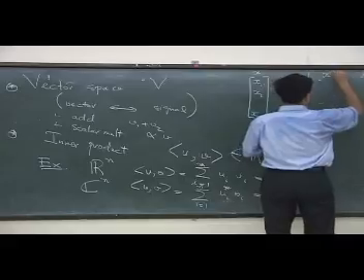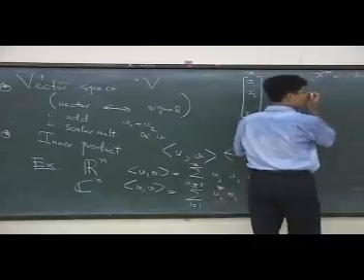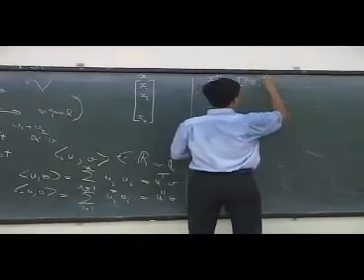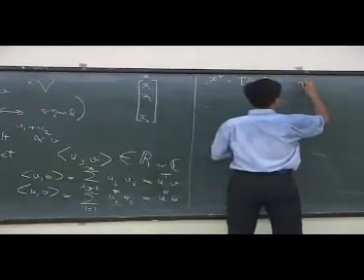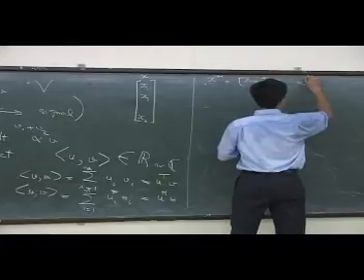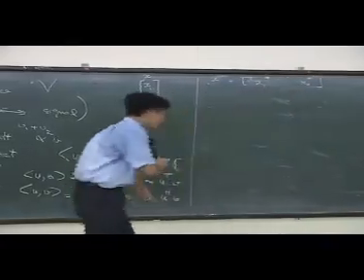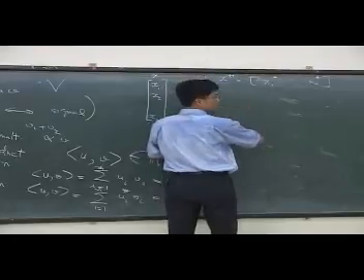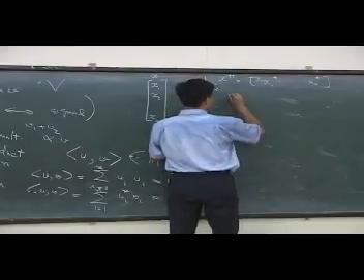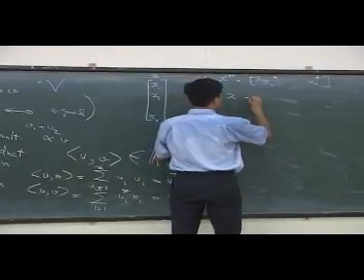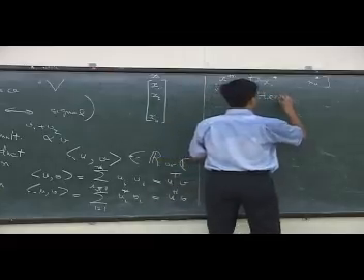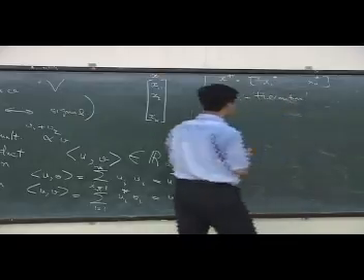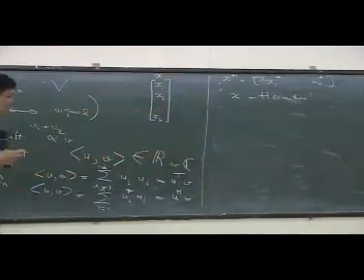So x transpose with conjugation is equal to the vector x1 complex conjugate, up to xn complex conjugate. So you see that operation, right? And if you say it in English, we would call it x Hermitian. That operation.